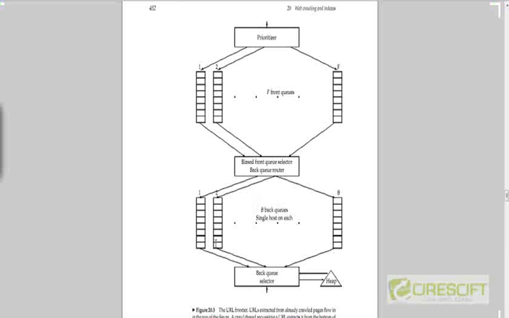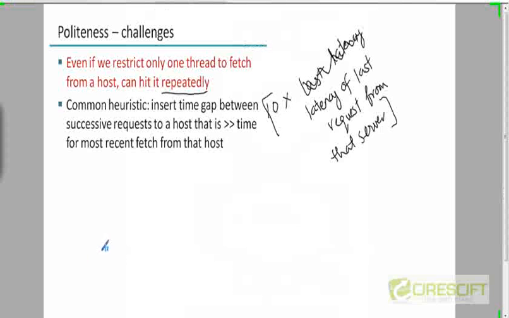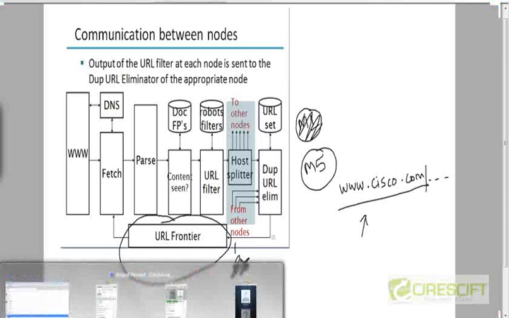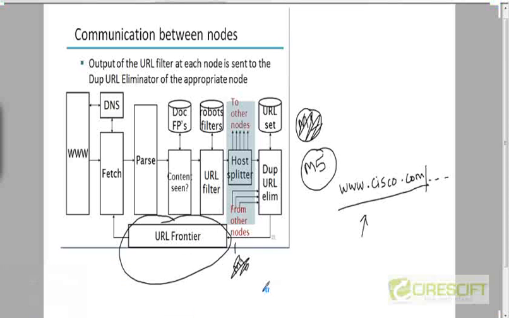And then at some stage it will be pulled out of the back queue and sent out to the crawler thread, which will then go and actually fetch the document at that URL. I hope you can now follow what is going to happen.